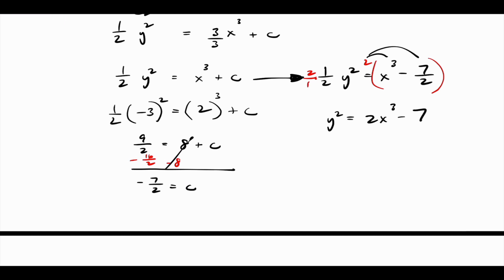Because 2 times 7 is 14, divided by 2 is 7. Last thing, square root. So anytime we're solving for y, if you take a square root, you have to have two answers. So we're going to have a negative and a positive.